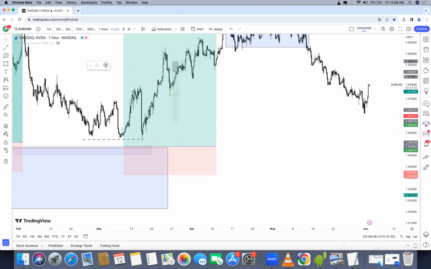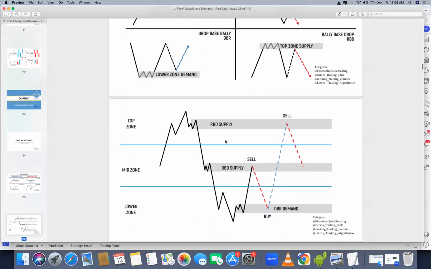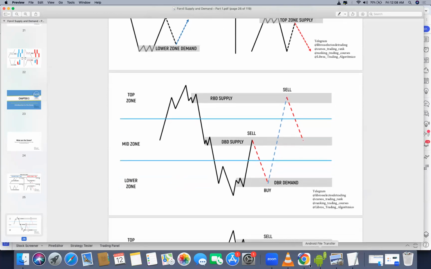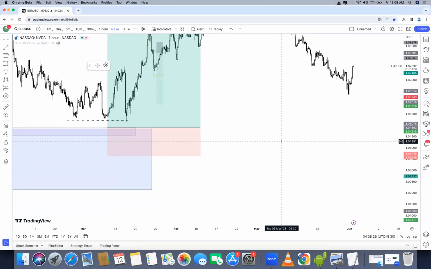One of the things we talked about in the last one is this mid zone. I really want to explain the mid zone because you can see right here we talk more about the lower and the upper zone.